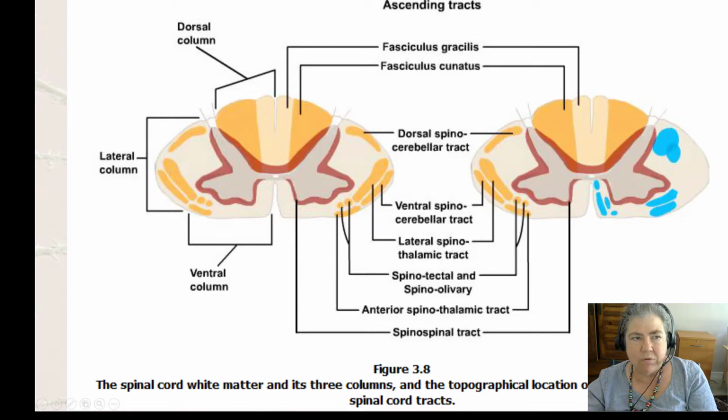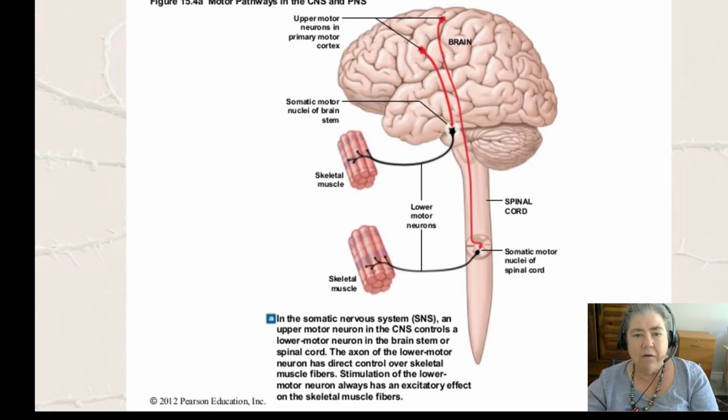Okay, motor pathways similarly have their own pathways. The signals are generated in the primary motor cortex, in the precentral gyrus. They are sent to various places where there are cell bodies. This is an upper motor neuron in the central nervous system.